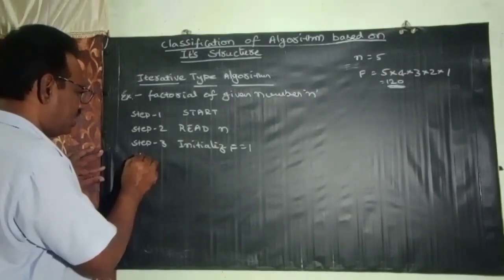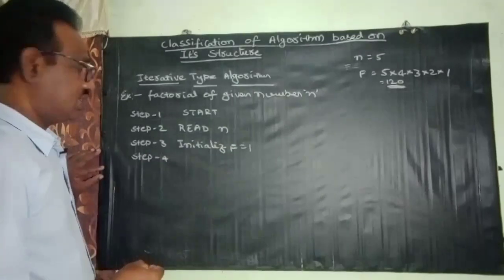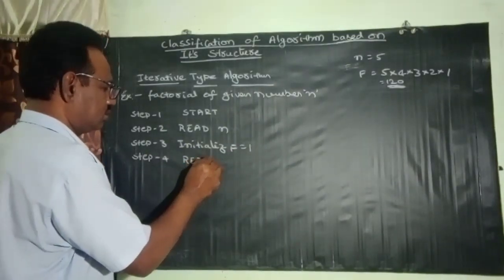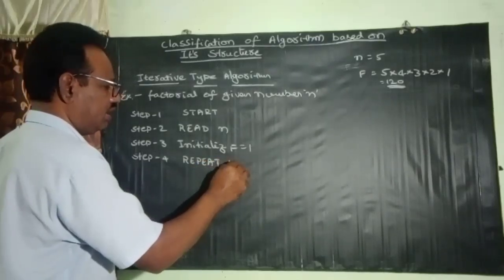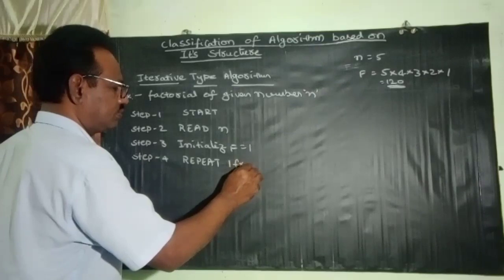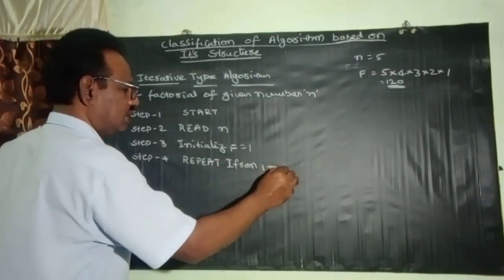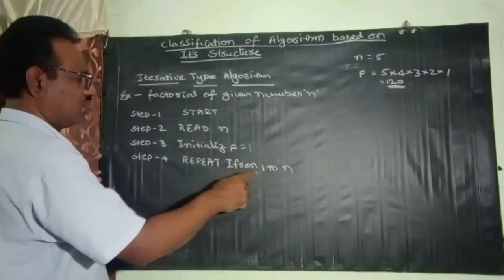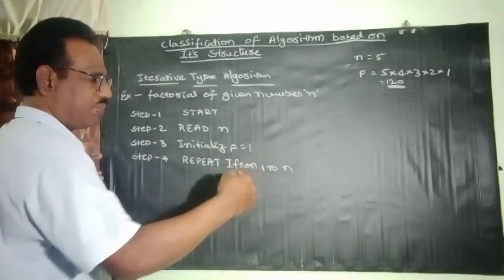Then step 4: from here onwards I am going to repeat some statements based on the valid conditions. Repeat I from 1 to n. I starts from 1 and goes up to n with an increment of 1.